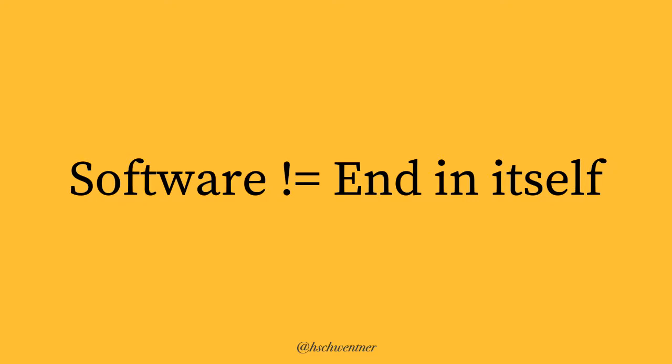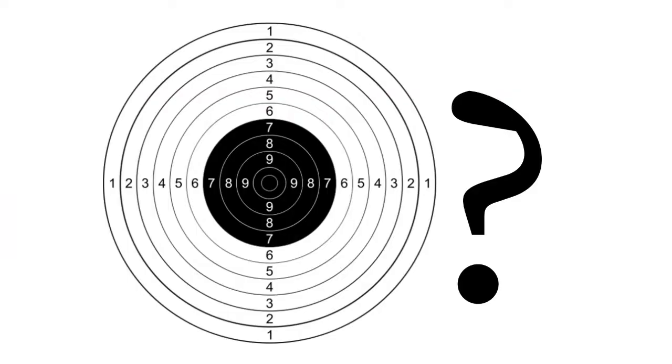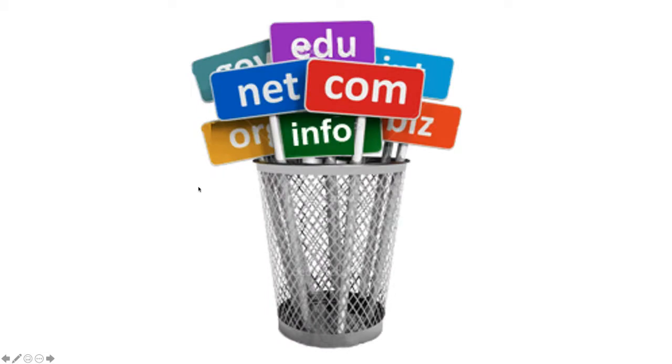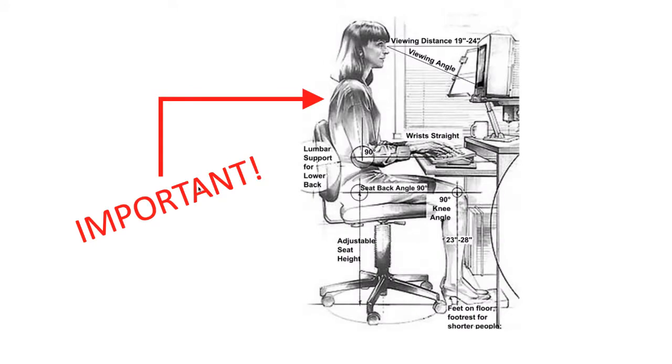So what is the goal of the software? The goal of the software is to support our domain, our users. Those are the most important people in this process. So what we want to do is make the work of our users easier, faster, more efficient. Make the work better.